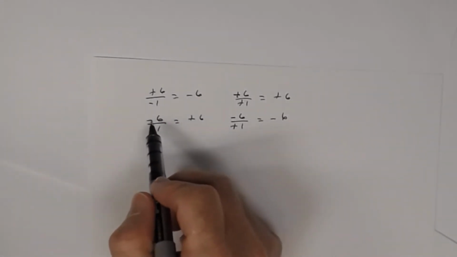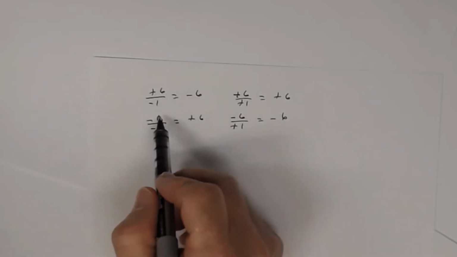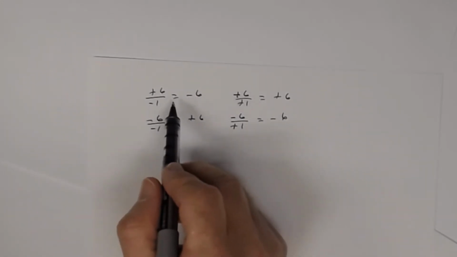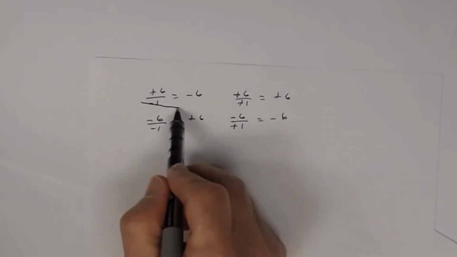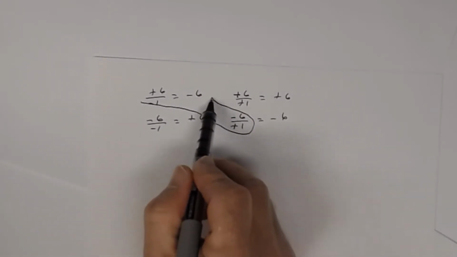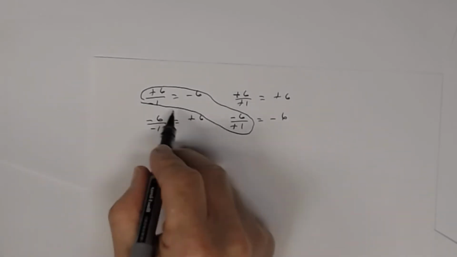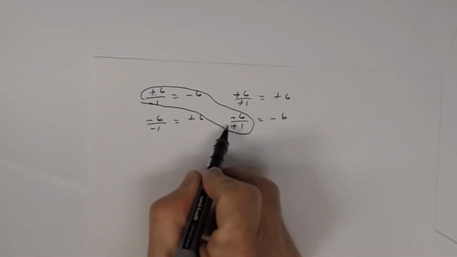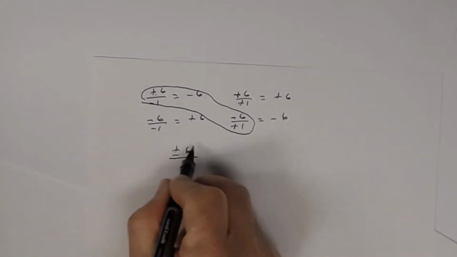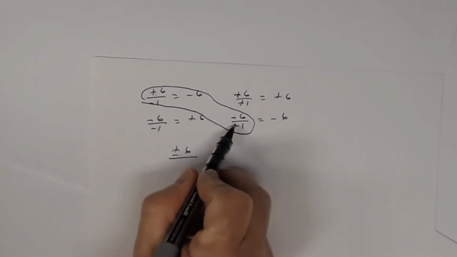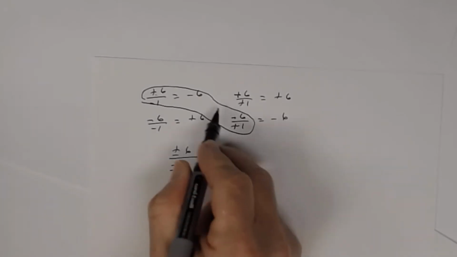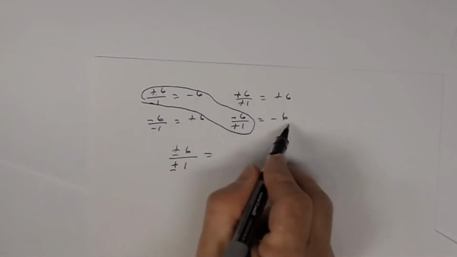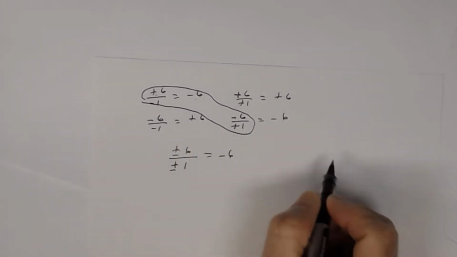Plus or minus 6, look at this one right here. Plus or minus 6 divided by plus or minus 1 gives you negative 6, right? Same thing here.